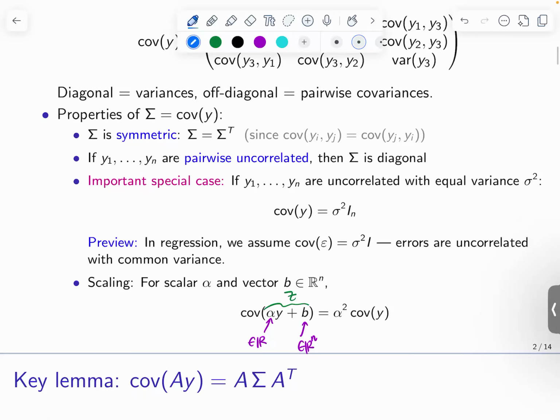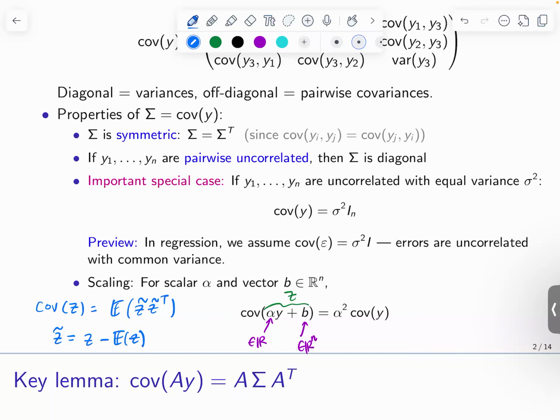The easiest way to see this is to recall that the covariance of z would be the expectation of z tilde times z tilde transpose, where z tilde is our notation for z minus the expectation of z, the centered version of z.